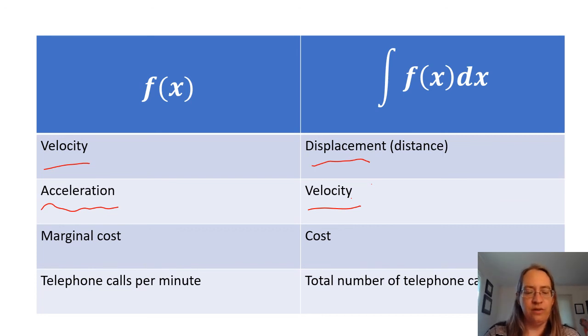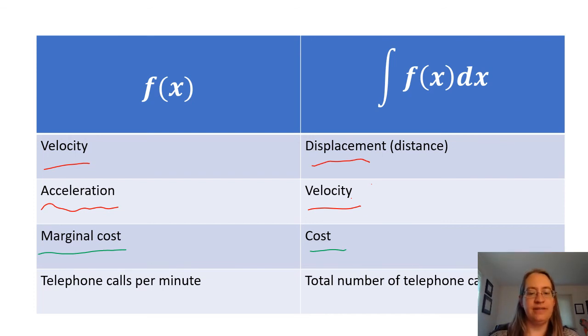We also have in sort of a business concept, you might think about marginal cost. So the changes in cost to produce one more. And if you add up all the changes to produce one more and then to produce the next one more and the next one more, you're going to end up with the total cost to produce all those items.